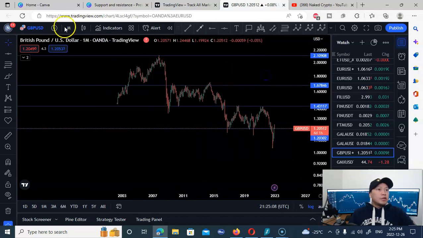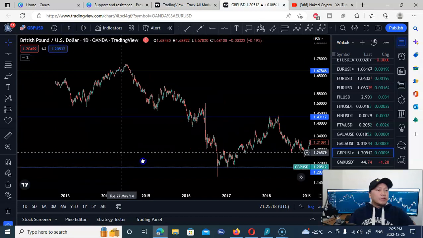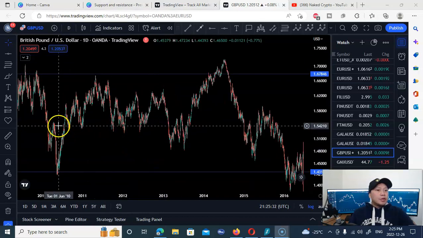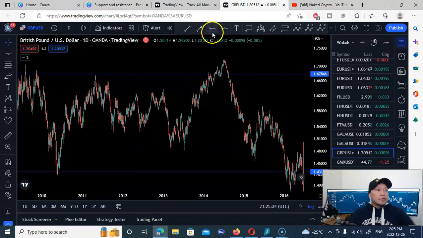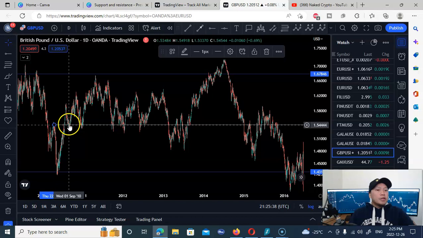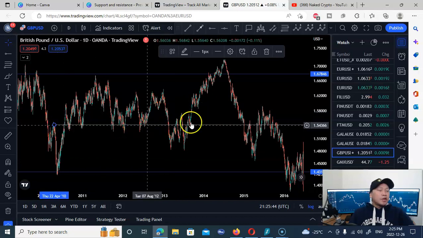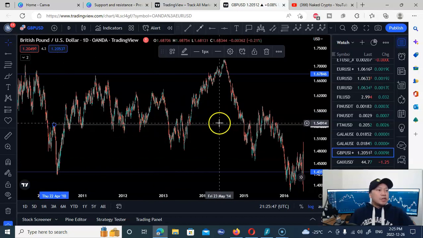So now let's go to the lower time frame. Let's go to the daily. So on the daily, let's see somewhere in this area, because look at this, there are lots of multiple touches on these areas. The price bounced back on these levels here, on this resistance here.